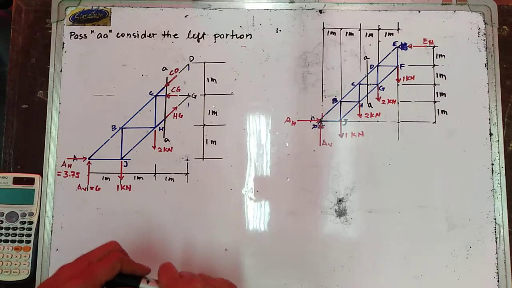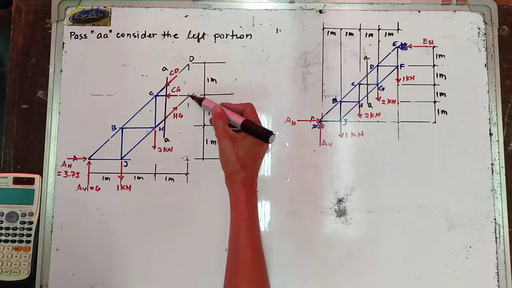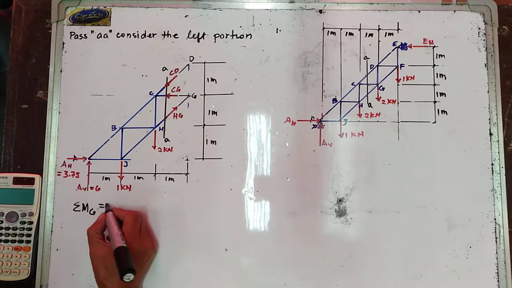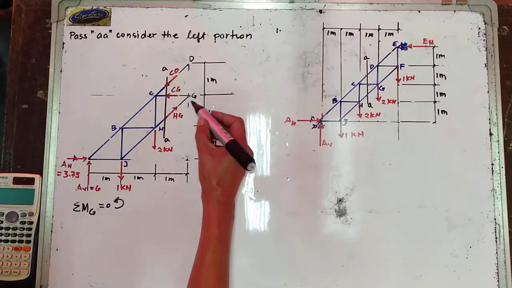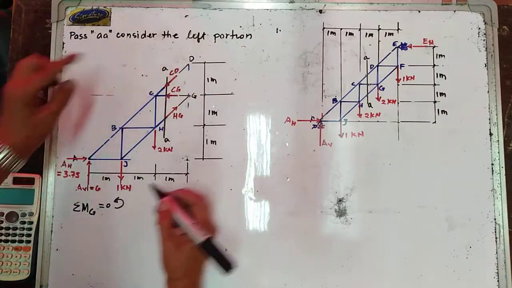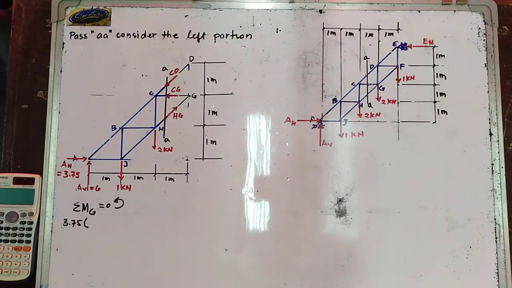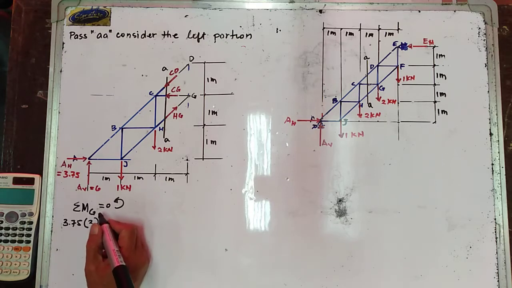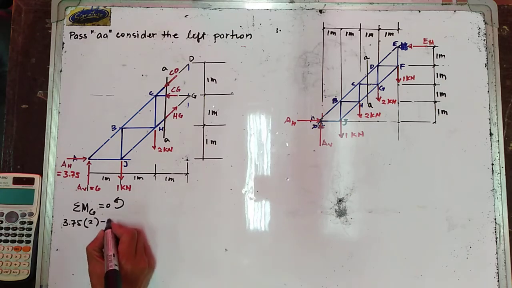Now, if you try to take moment about point G, summation of moment about point G is equal to 0, counterclockwise moment positive. 3.75 is going counterclockwise about point G. The moment arm is equal to 2. And then next, your 6 is going clockwise about point G. So minus 6.